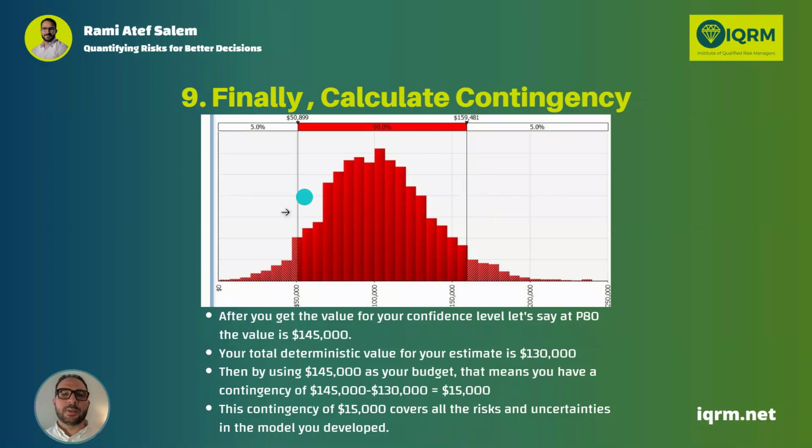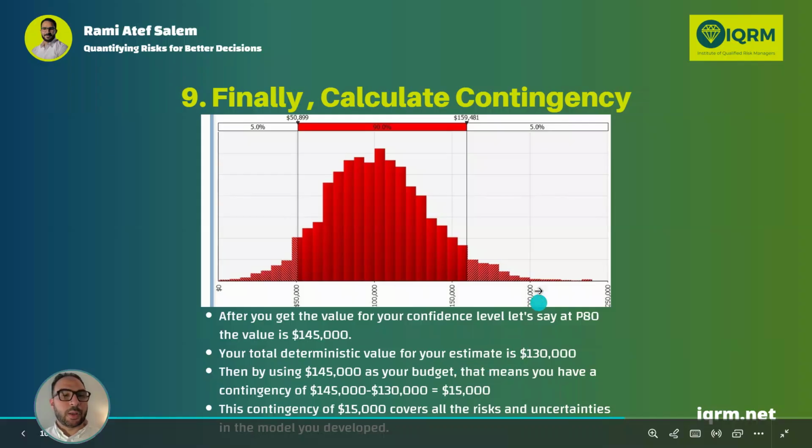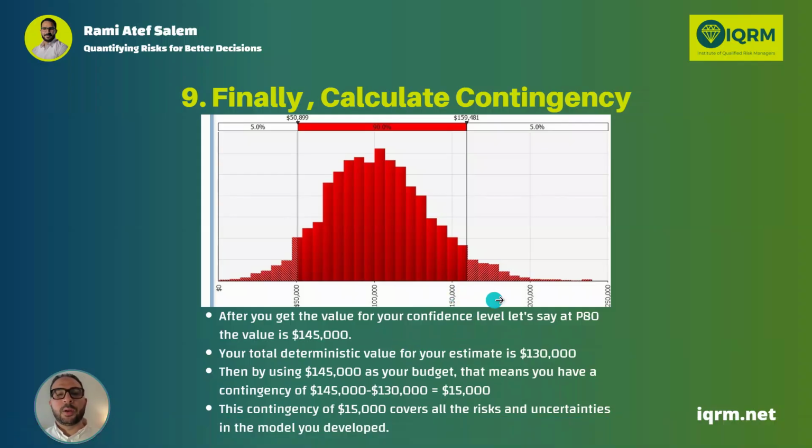For example, if this is a cost, not a profit, and I have 80% confidence my budget will be within $145,000, and my current estimate is 130, then to be 80% sure that I'm not going to have a budget overrun, I would need $15,000, which is the difference between the 145 and 130.